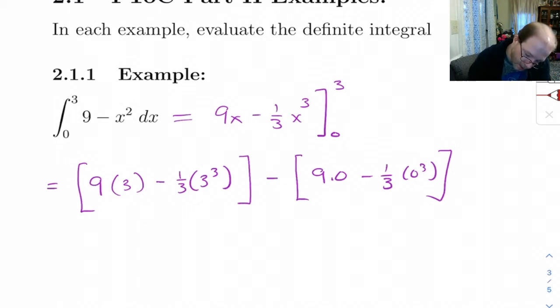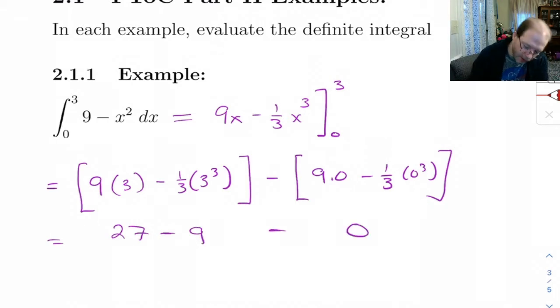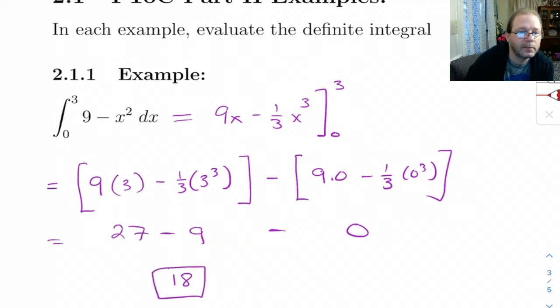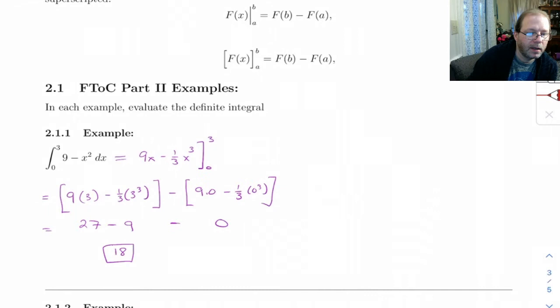All right, so this one over here is going to be 9 times 3 is 27, minus 27 over 3 is 9. And over here, this is all 0. So I wind up with 18 for my answer. And that's really all there is to it. And it's kind of interesting that this gives us exact values.